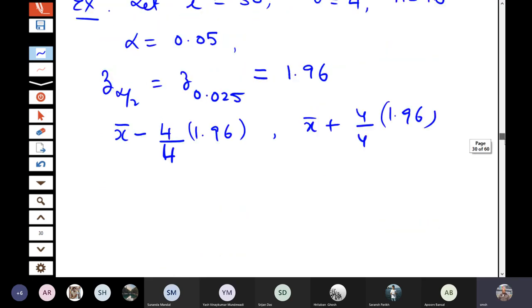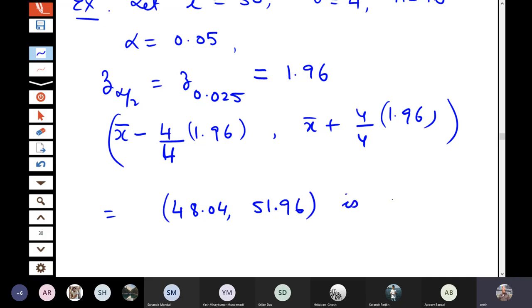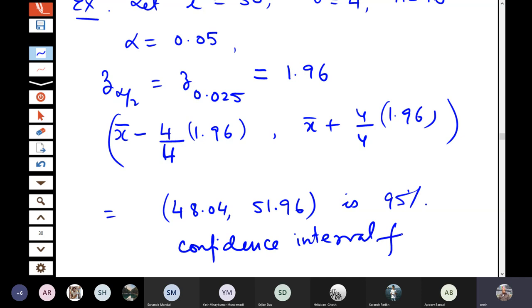So the confidence interval is, I have taken X bar to be 50, so this is 50 minus 1.96, that is 48.04, to 51.96. So this is a 95% confidence interval for mu here. So you can easily obtain this thing.